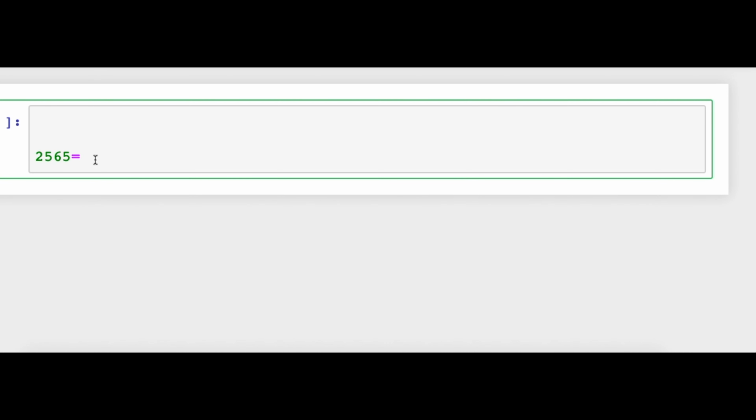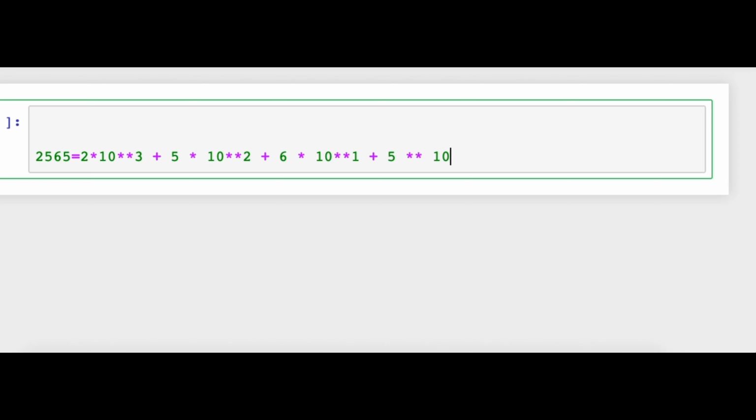This is equal to 2 times 10 cubed plus 5 times 10 squared plus 6 times 10 to the first power plus 5 times 10 to the 0 power.